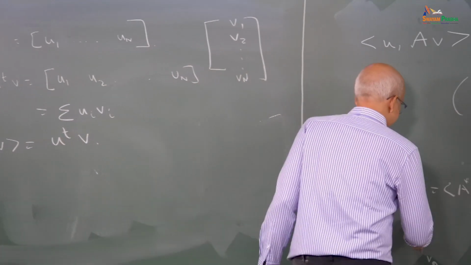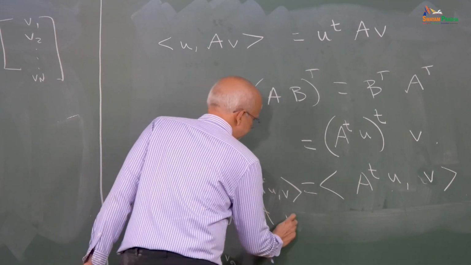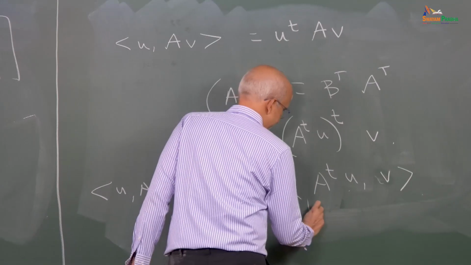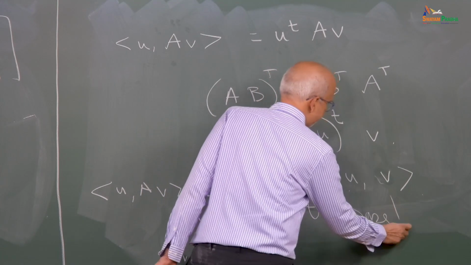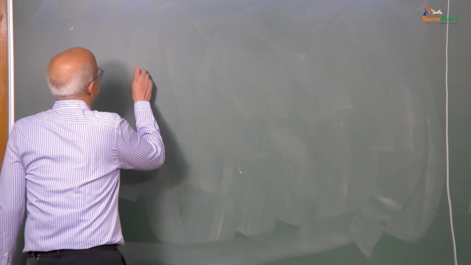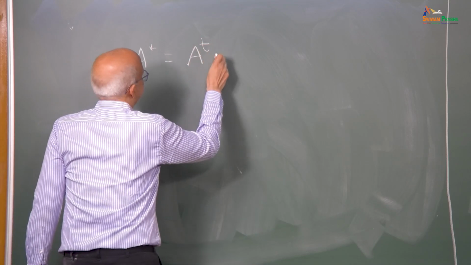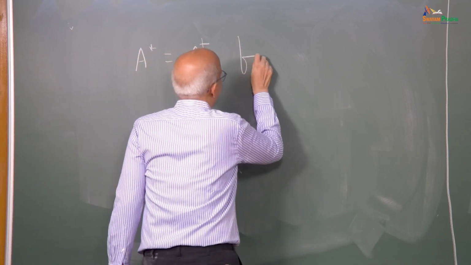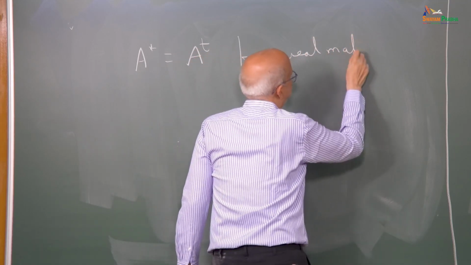So, basically, the adjoint is the transpose. A star equals A transpose for a real matrix.